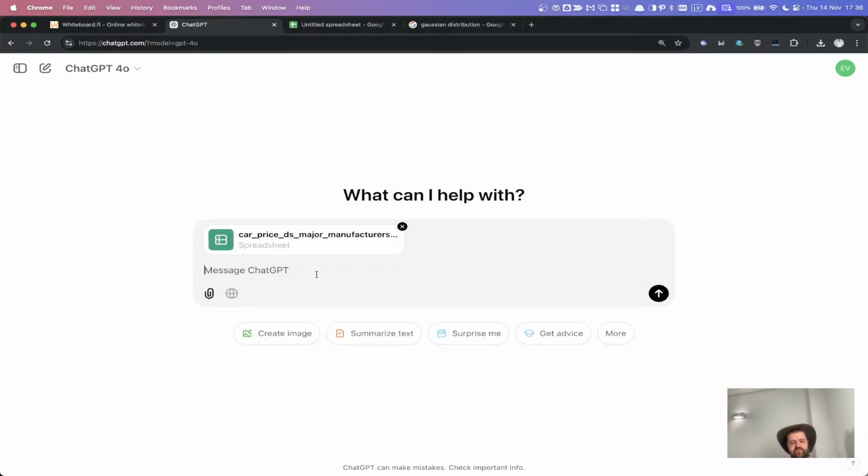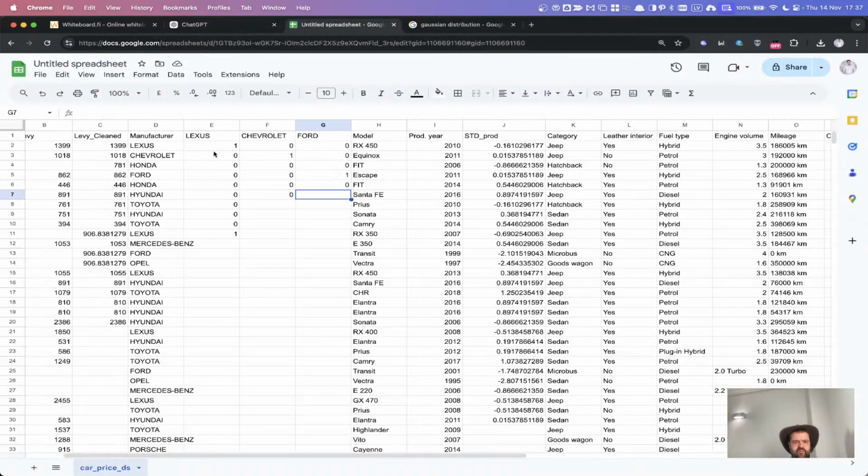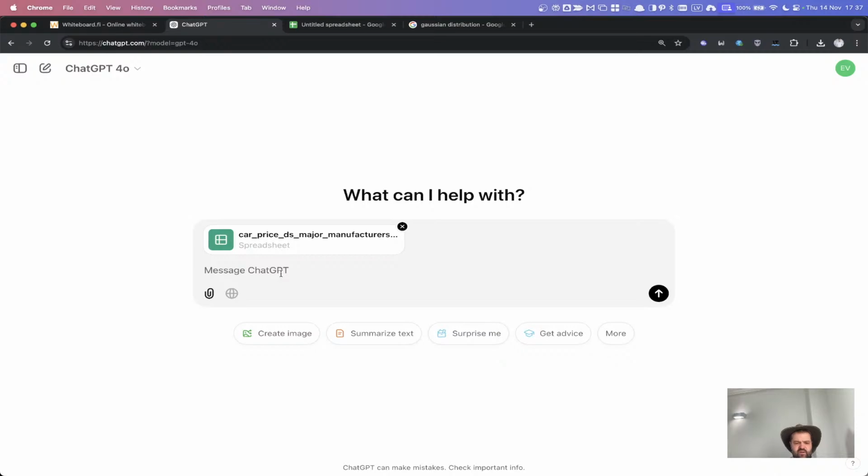Okay, so let's see if I can do this with ChatGPT. Okay, so what is the name of that column? Manufacturer. I don't want to write it wrongly. So, convert column manufacturer into one hot encoded columns.